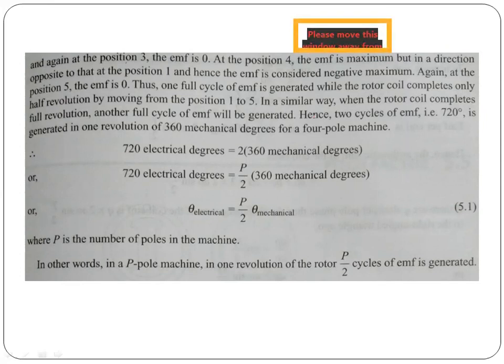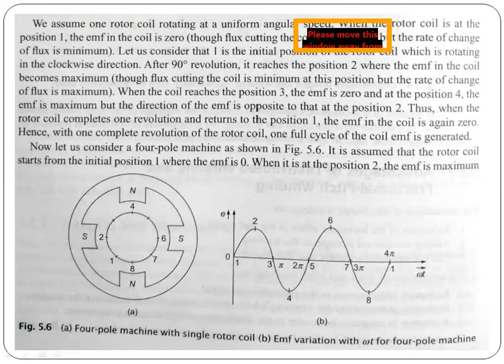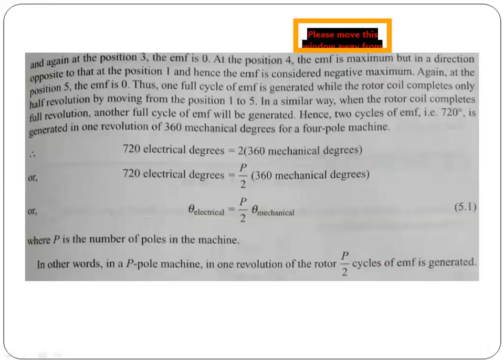Again at position 5 the EMF is 0. So in that way it is moving: it is 0, then goes to maximum, then again 0, then negative maximum, then again 0. In that way the EMF is moving in total.